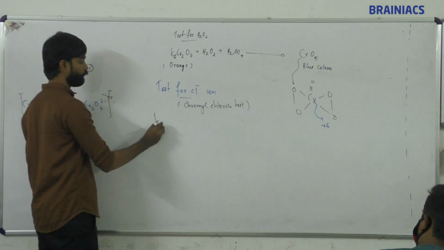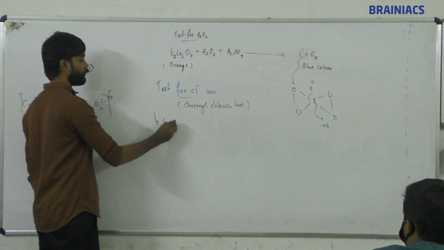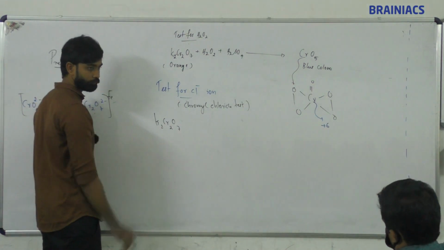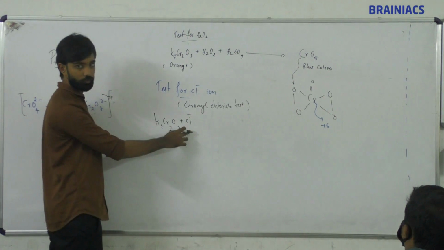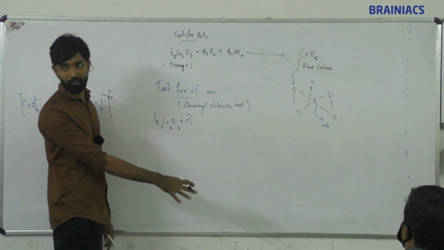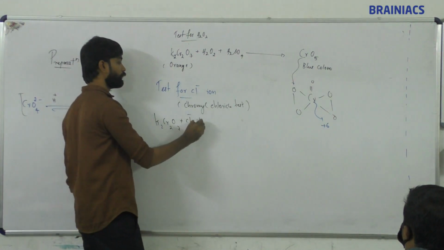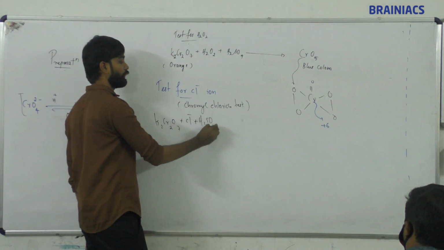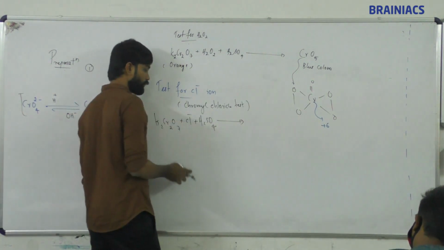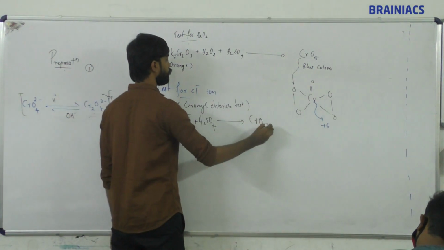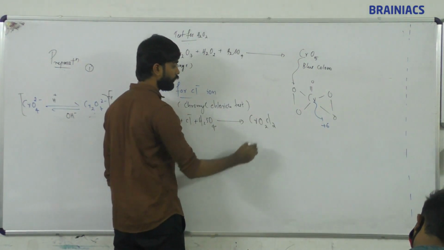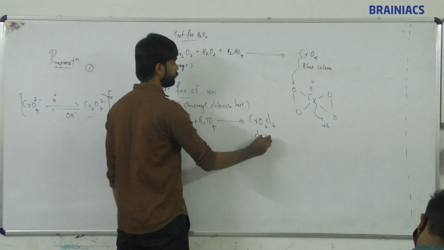We have orange colored K2Cr2O7. On treatment with a chloride ion salt, for example NaCl, with sulfuric acid, in presence of chloride ion the dichromate turns to CrO2Cl2, said to be chromyl chloride.